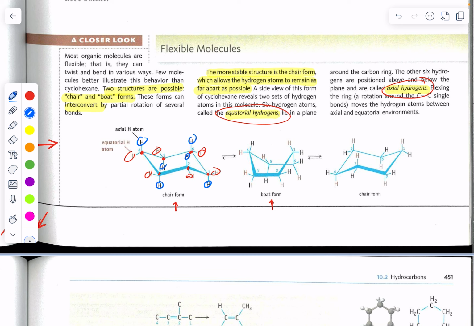These hydrogens, you would say, are axial, like they're at the North Pole and the South Pole of each carbon. And so when we think of a molecule that is flexible, with a little bit of energy coming and going, it can be either the chair form or the boat form.